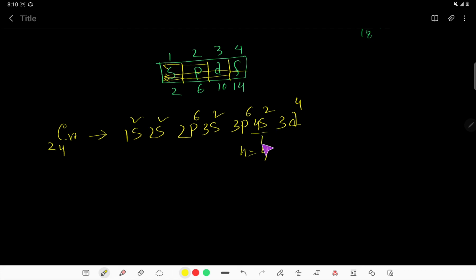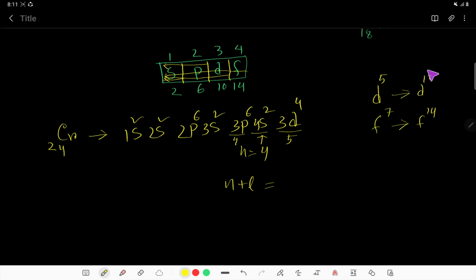So this is the outermost shell, and for 3p we have 3 plus 1, that is 4, and for 3d, 3 plus 2, that is 5, right? You know that d can hold a maximum of 10, but half of 10 equals 5, and f can hold a maximum of 14, and half of 14 equals 7.